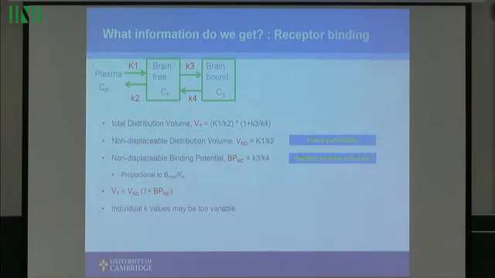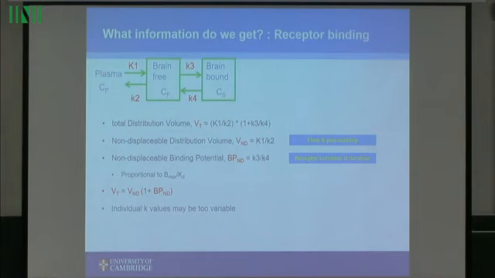So again, after a lot of equations which I've skipped, we get our outcome measures. There are three outcome measures that are possible from here. VT, which is the total distribution volume, which is K1 over K2 multiplied by 1 plus K3 over K4. This is again a ratio of what is there in the tissue to what is there in plasma essentially. We also can get the volume which is non-displaceably bound, which is K1 over K2.